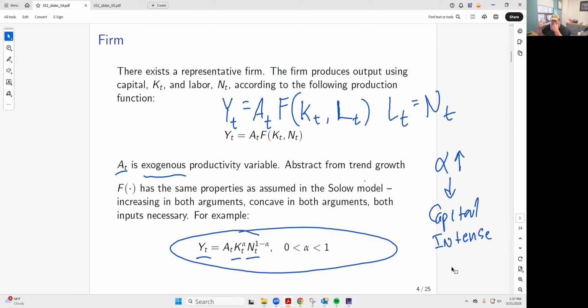For now, we're not worrying about different types of firms operating in different industries. We're just thinking about a firm operating in the economic system, and then we're going to aggregate up the behavioral predictions to the macroeconomy.